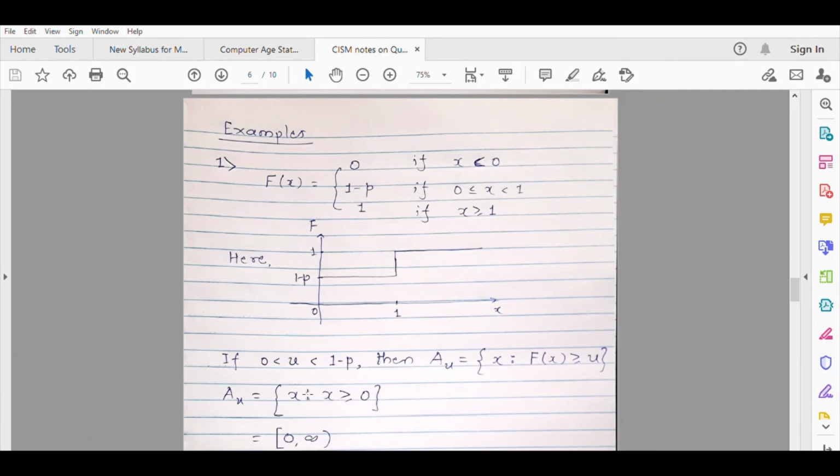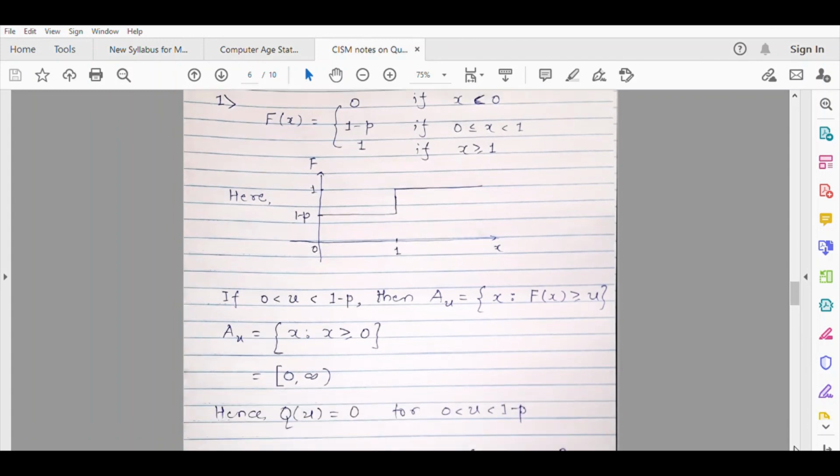So what is the meaning of this? This is nothing but a closed interval, isn't it? This is just the closed interval 0 to infinity. So here for any u between 0 to 1 minus p, A_u is simply an interval of this type, closed interval 0 to infinity. So what will be the infimum of this?